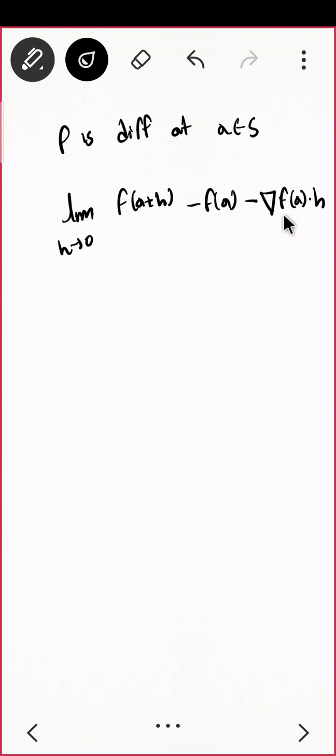Because now you know what your T of H is, divided by norm H, is equal to 0. If this limit holds, then the function is differentiable. You are having a new definition of differentiability, correct?